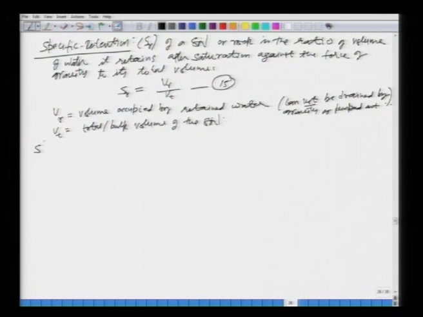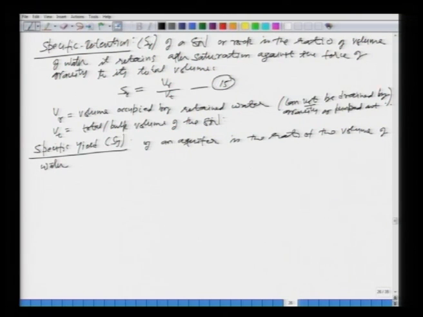The next one is the specific yield. It is very important, and this is denoted as S subscript Y. For an aquifer or a soil or rock, it is the ratio of the volume of water that after saturation can be drained by gravity, to its own volume.